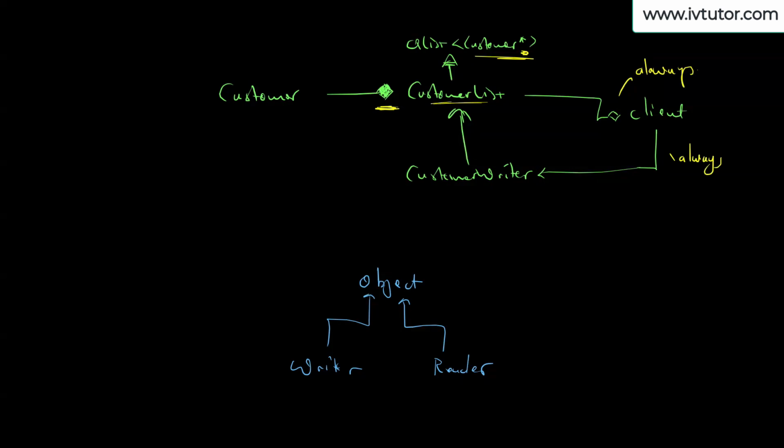And in most cases, if we are going to actually implement our writer and our reader, the write function or the read function might be static. So you can always see that your client is always going to have an aggregation with your container and always association with your readers and your writers, or even your factory, always association. So the only one thing that your client needs to have aggregation with in most cases and in most diagrams is your container.